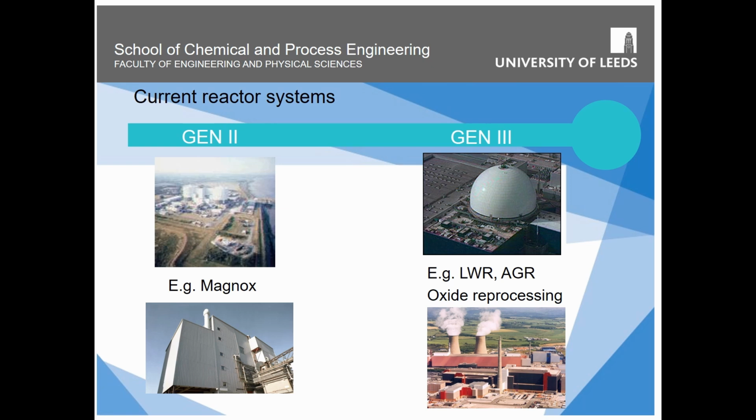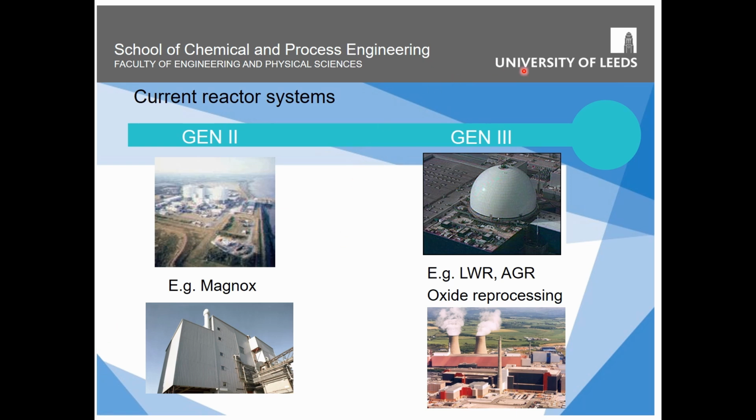Now, to go with those particular reactors in the UK and around the world, like France and to a certain extent early on in America and Japan, we built other facilities as well. So in Generation 2 in the UK, we built our first gas-cooled reactors called Magnox, and we had reprocessing plants that recycled the fuel and took that fuel and treated it.